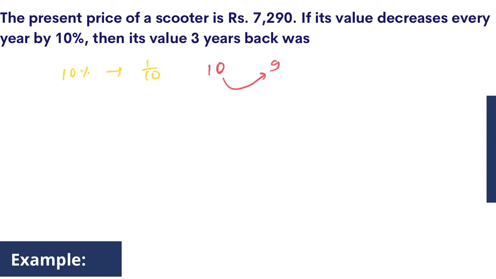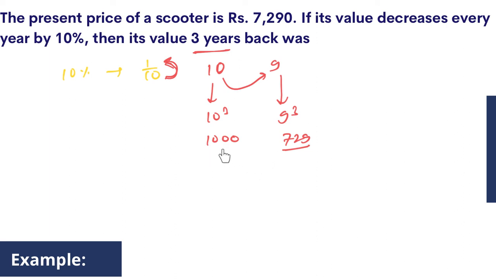Because it decreases every year. If the price is 10 now, after 1 year the price will be 10 minus 1, equal to 9. The time is 3 years, so I will use 10 power 3 or 9 power 3. 10 power 3 is 1000, and 9 power 3 is 729. So if the price 3 years before was 1000, then now it will become 729, because it is decreasing every year.